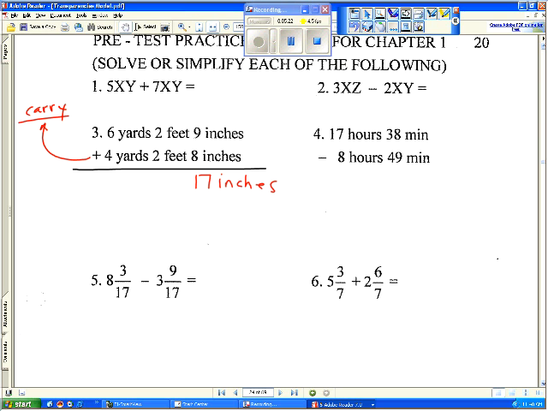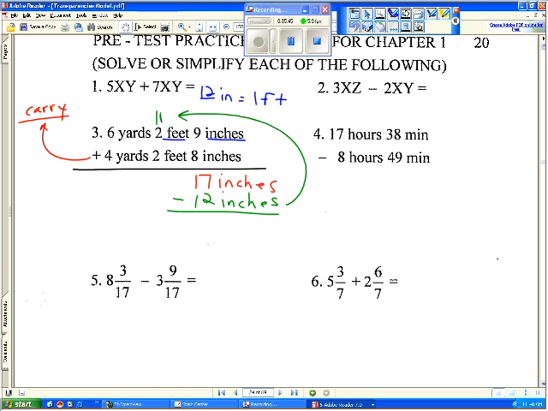So our question now is, how many inches does it take to make a foot? And the answer is 12. So we subtract out the 12 inches that it takes to make a foot, and we carry that over as 1 foot. Everybody take time to look at that, soak it in.